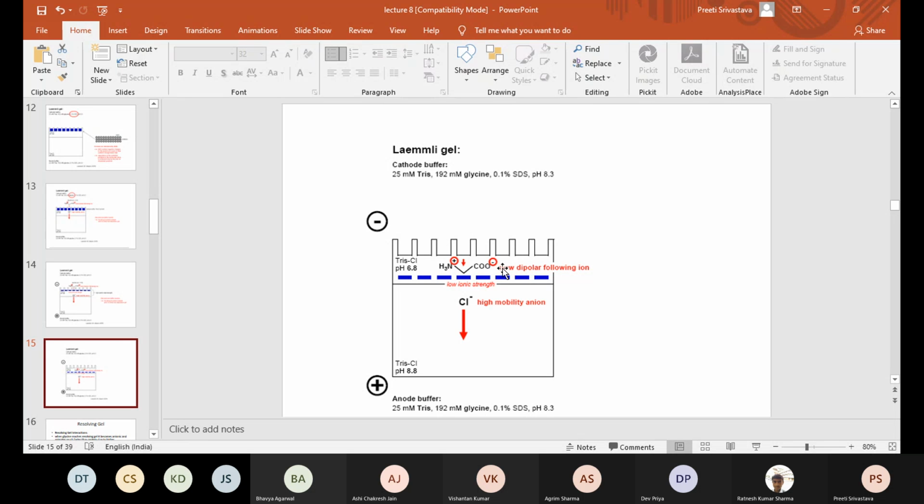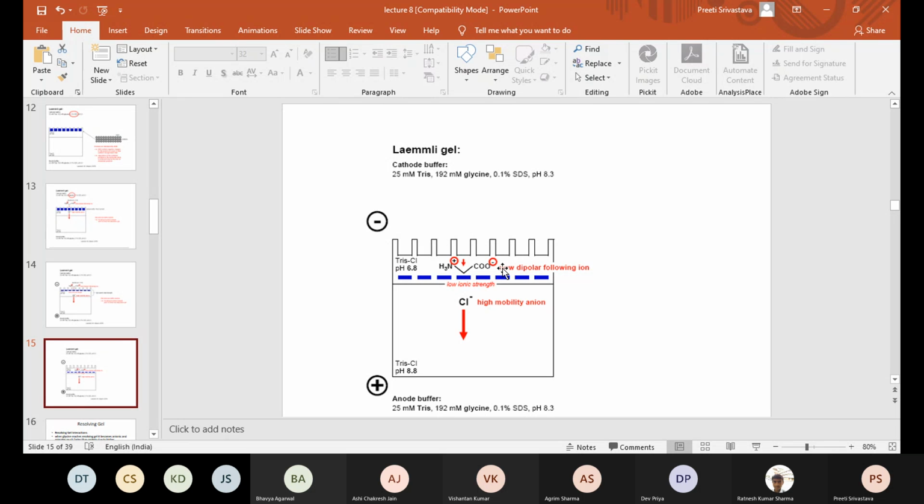The chloride ion coming from tris-Cl will be anionic and it will migrate faster. The glycinate ion becomes partly Zwitter ionic at pH 6.8, because the stacking gel has a pH of 6.8, and therefore its mobility is retarded, and therefore the stacking effect is created.